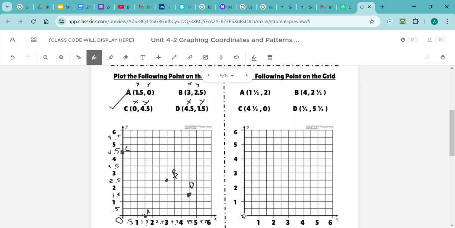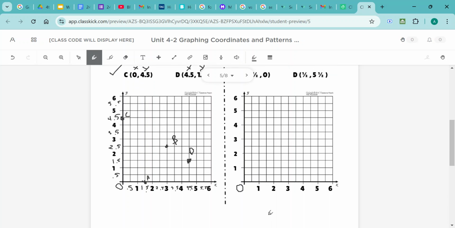So again, I'm going to start with my origin. And I am going from 0 to a missing number to 1, missing number 2, missing number 3, and so on. And same thing up. So I just have to think, what number would be right between 0 and 1? Well, the fraction 1/2 would be.